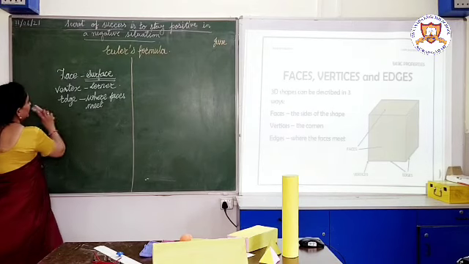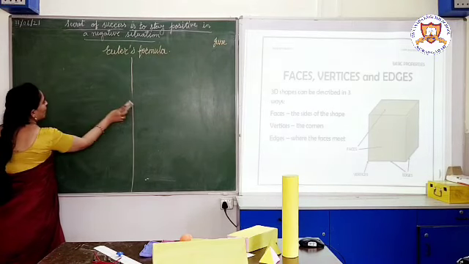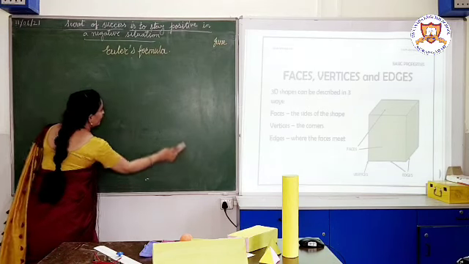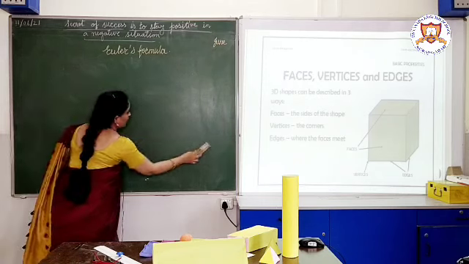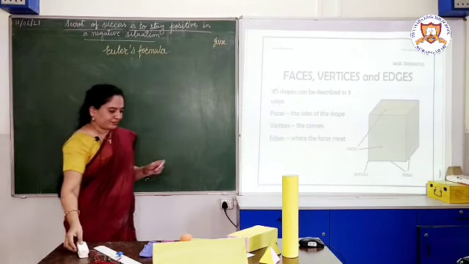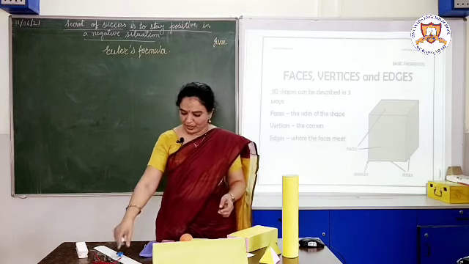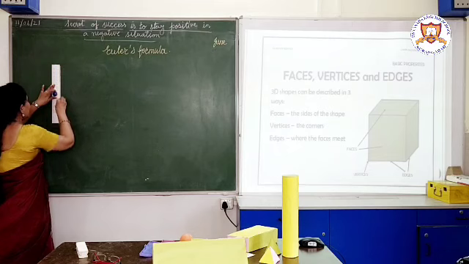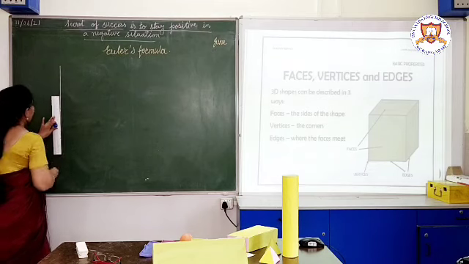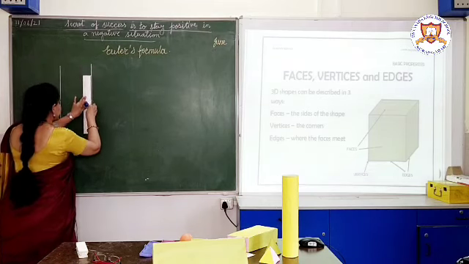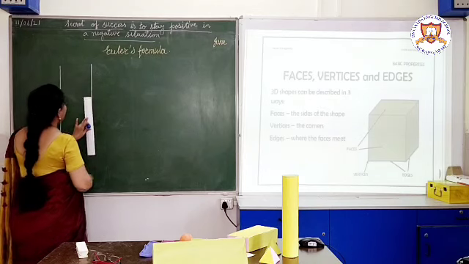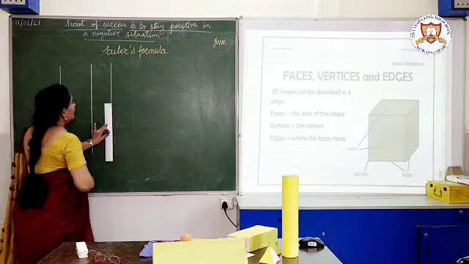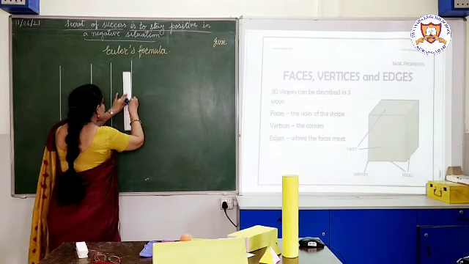Okay. So let's come to the derivation of the formula. We will derive our formula now. First we will make columns and we will use all the different shapes. Here we will take object. Then we will take number of faces. Then number of vertices.